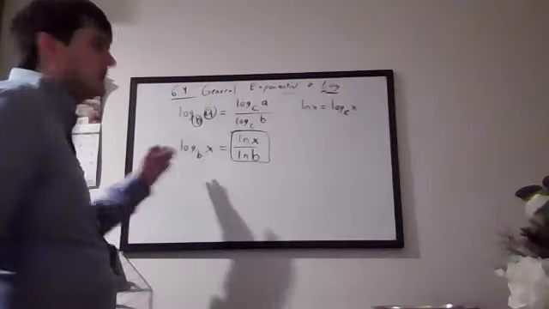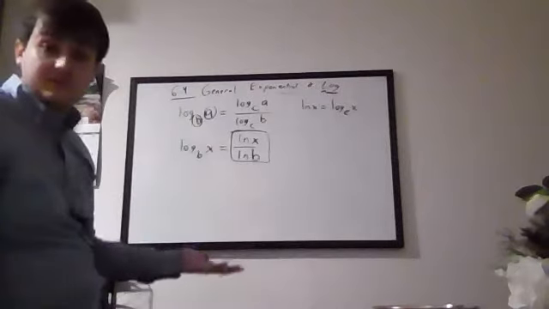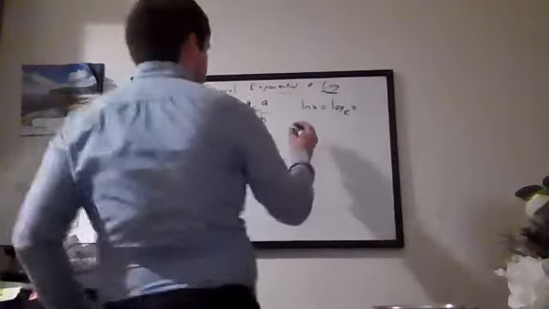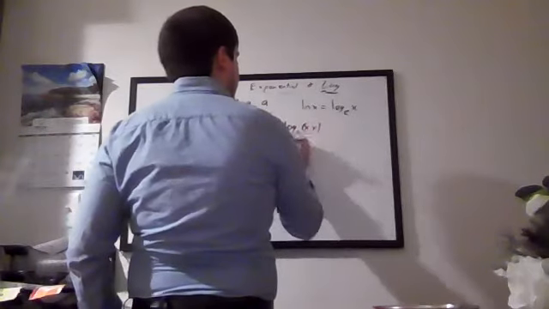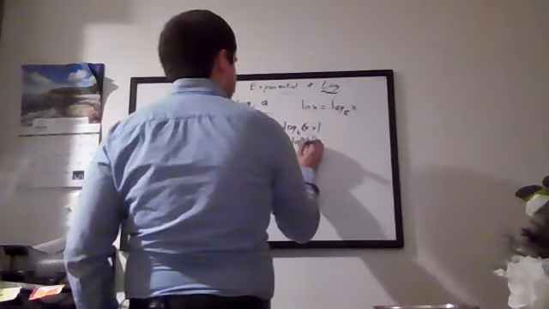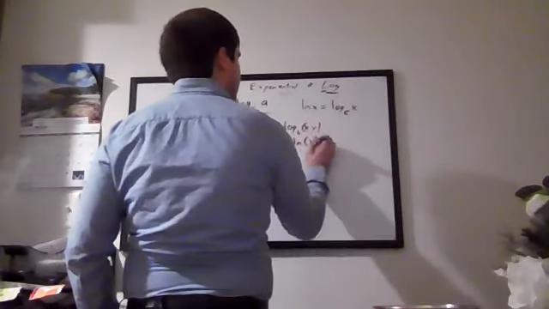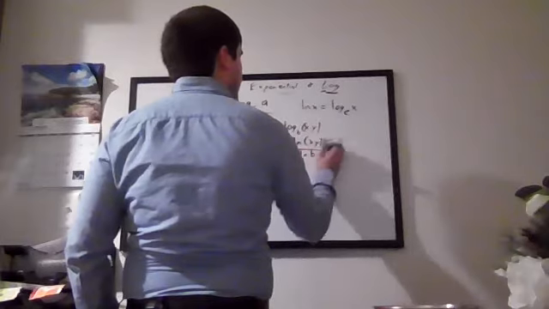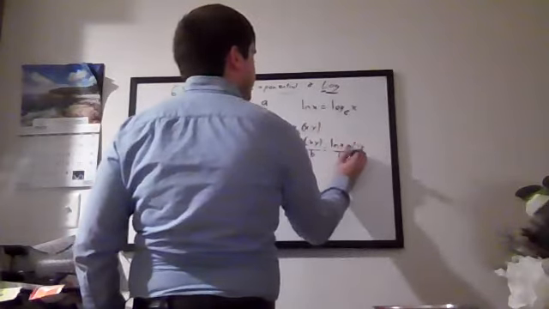And I think earlier I mentioned talking about the laws. Using this helps to prove those laws pretty easily. So if you just want to see it real quick, if I want to know log base b of xy, this is natural log of xy over natural log of b, which is natural log of x plus the natural log of y over the natural log of b.